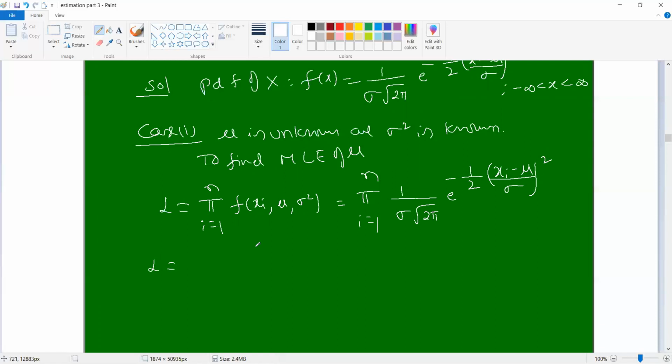Now, applying the product, 1 by sigma root 2 pi whole power n e power minus half summation, adding powers of the same base, summation i equal to 1 to n of xi minus mu by sigma whole square.